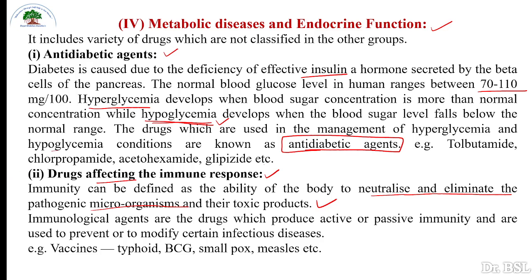Immunological agents are the drugs which produce active or passive immunity and are used to prevent or to modify certain infectious diseases. Vaccines: all vaccines are examples of drugs affecting the immune response.